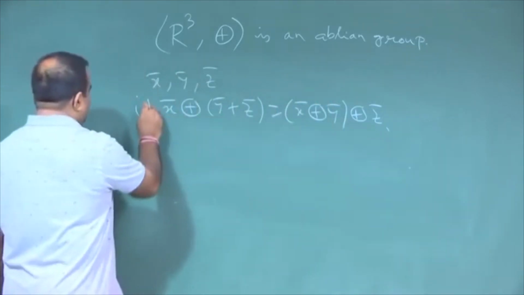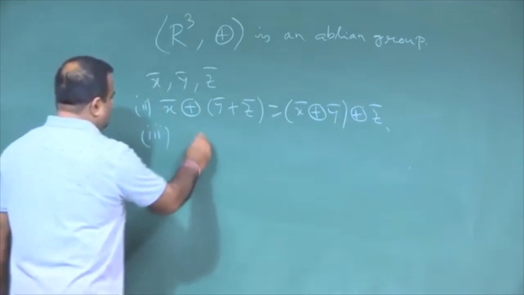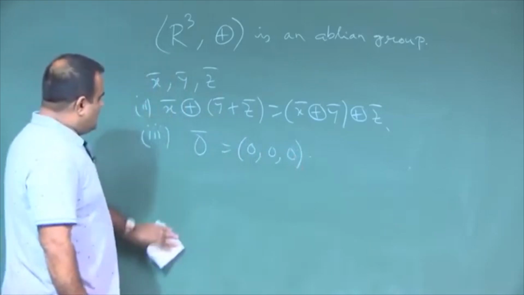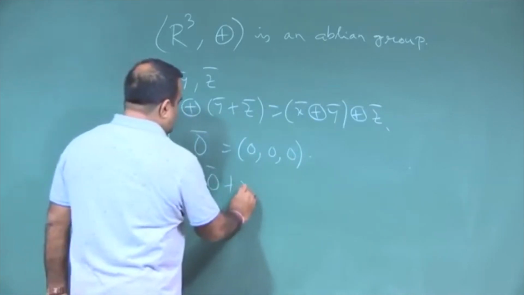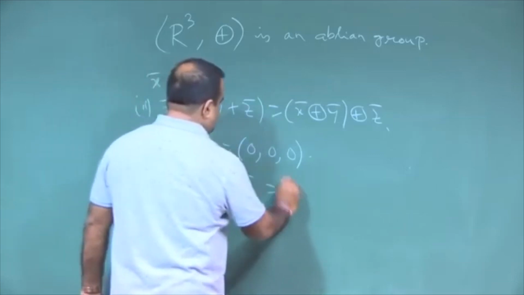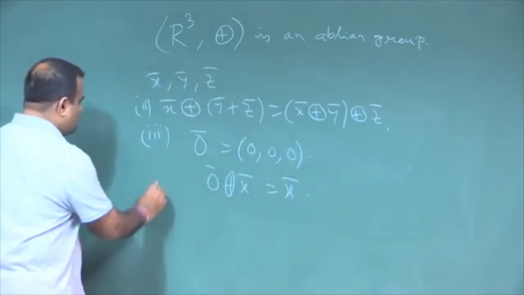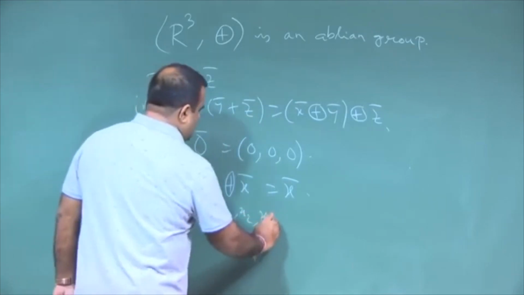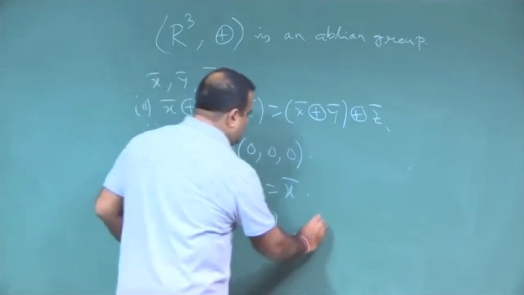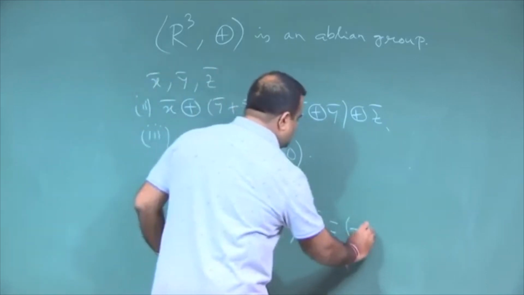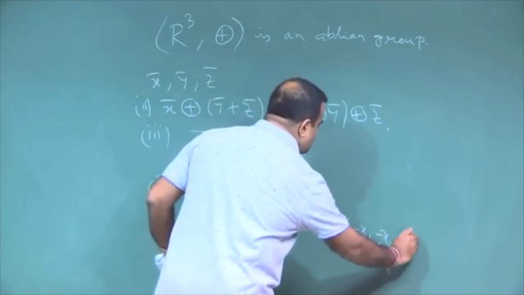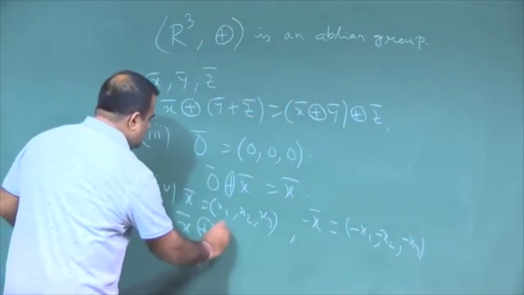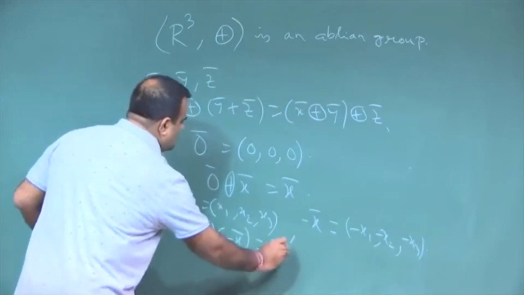Then the identity element is basically the 0 0 0 vector. That is the identity element, because if we operate with this on any other vector, this will give us x. Now, what about inverse? If you take x, x1, x2, x3, then we can have minus x, which is basically minus x1, minus x2, minus x3, such that if we operate these two, this will give us the 0 vector.